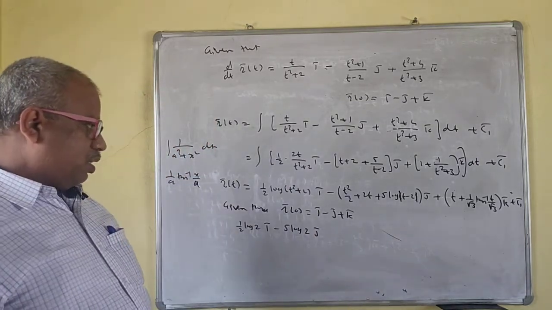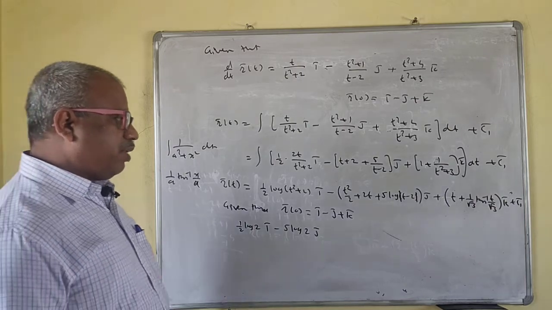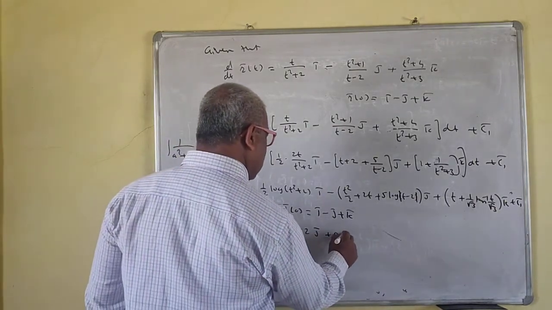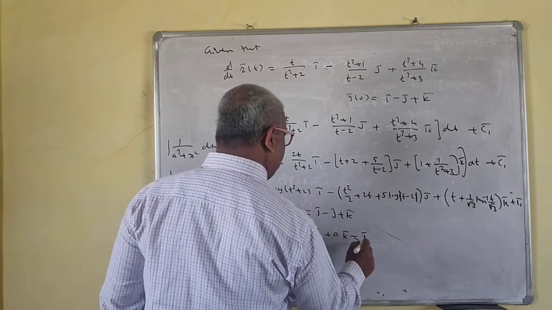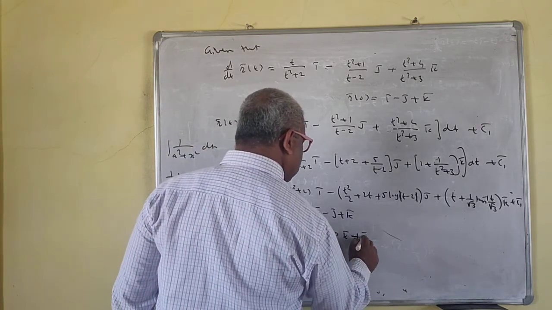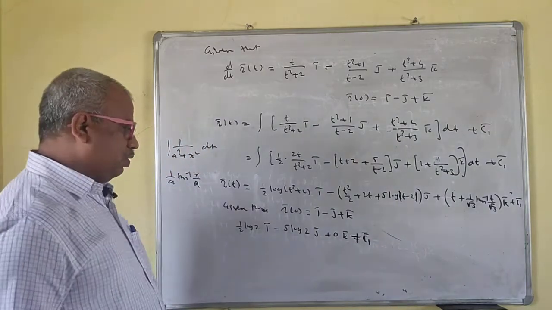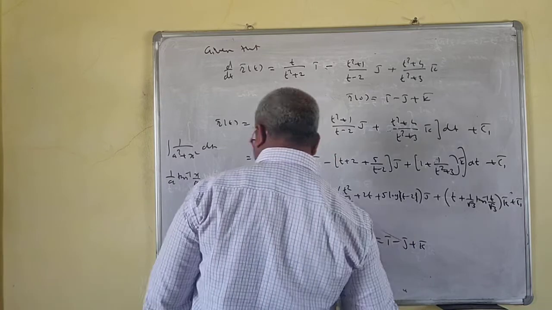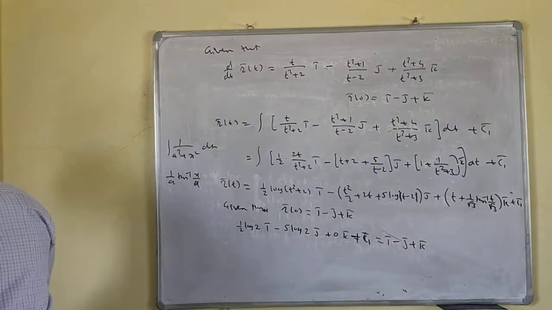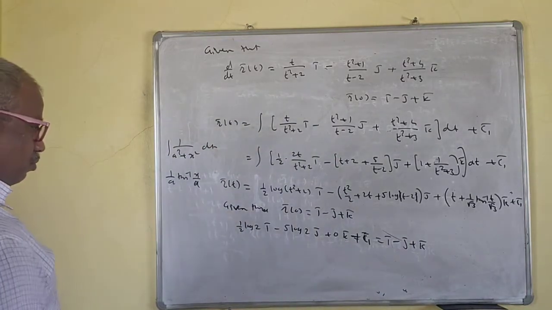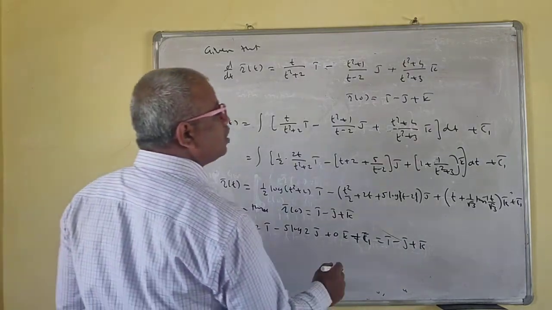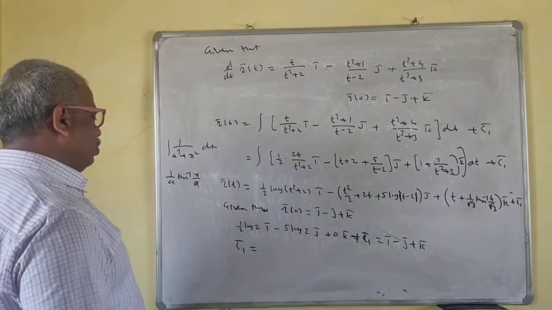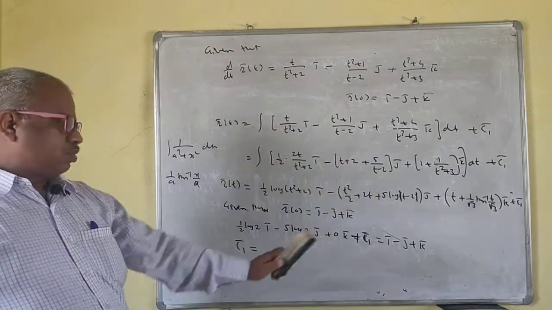Then you are putting t is equal to 0, so tan inverse of 0 is 0. So this is plus 0 k bar, plus c1 bar, is equal to i bar minus j bar plus k bar. So c1 bar is equal to, we have to shift all to that side.